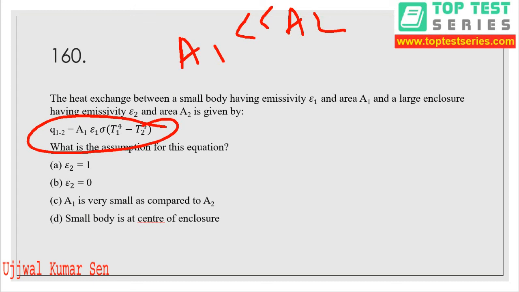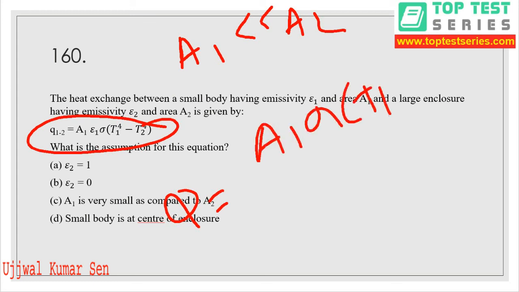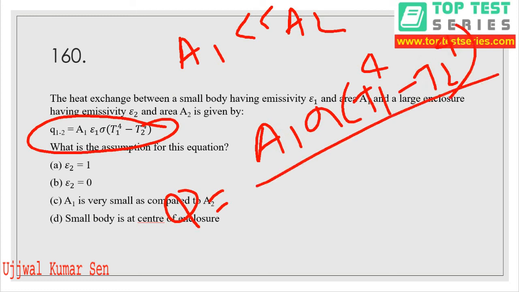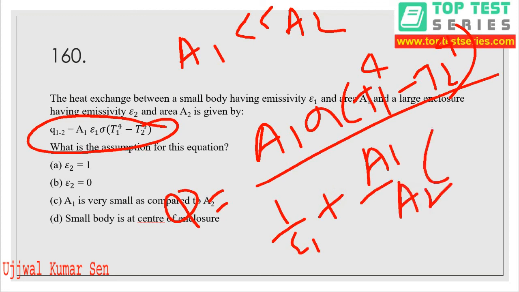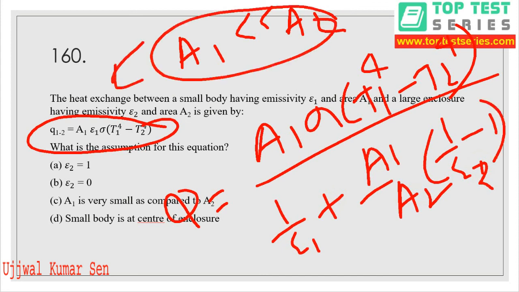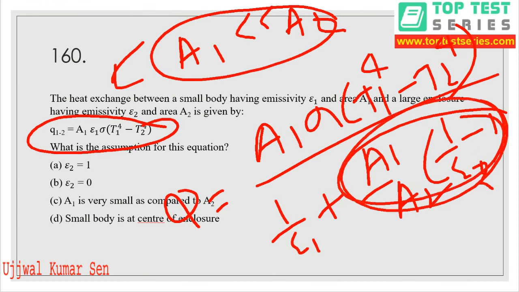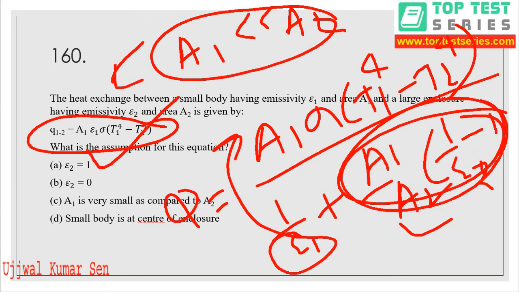Q is equal to A1 sigma (T1 to the power 4 minus T2 to the power 4) divided by (1 by epsilon 1 plus A1 by A2 multiplied by (1 by epsilon 2 minus 1)). As given in this question, A1 by A2 is negligible, so all these terms will be neglected and epsilon 1 will go to the upper side. So we can write this formula. Therefore option C is the correct answer for this question.